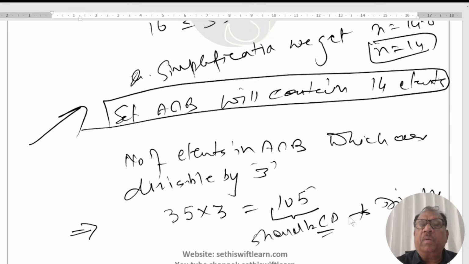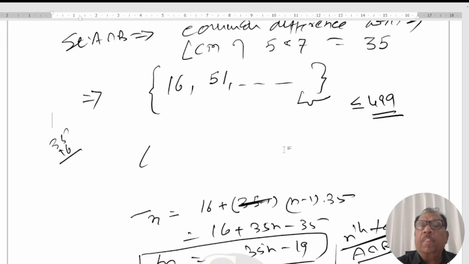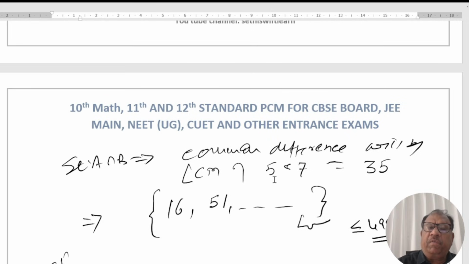Now we have to choose the first element. In this case, it is 51.